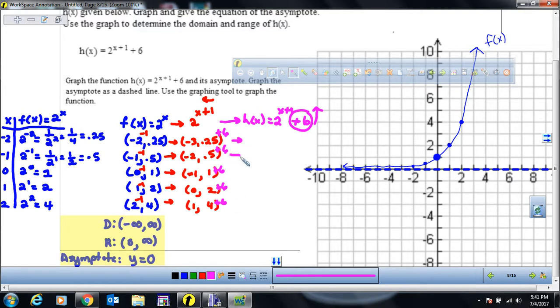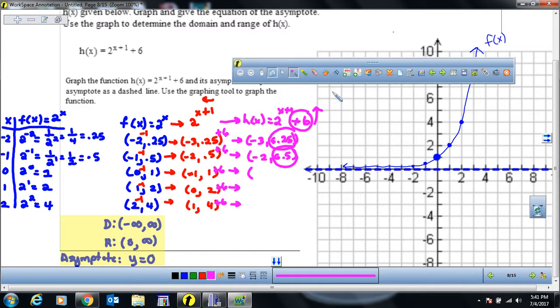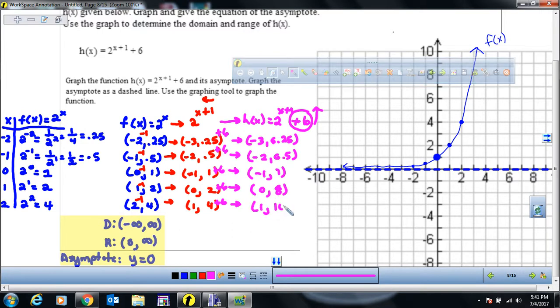So then my new points are going to look like this. -3, 6.25, then -2, 6.5. Now look at the observation. What happens to the value of y now as we decrease the value of x? It is getting close to the number 6. Next one, -1, 7, then 0, 8, and the last one would be 1, 10.